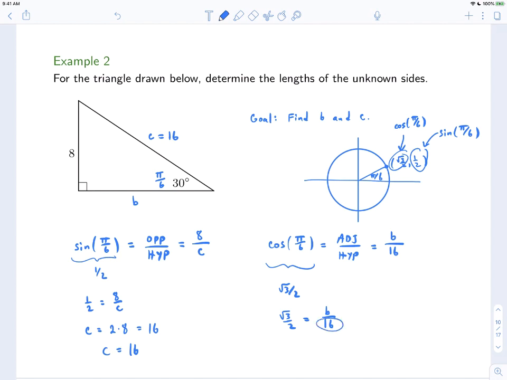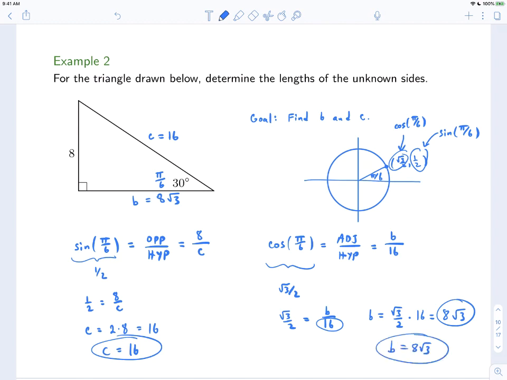So we solve for b by multiplying both sides by 16, and we'll have that b is equal to the square root of 3 over 2 times 16, which is 8 times the square root of 3. And that's our value b, 8 square roots of 3. So that means we know what c is, 16, and we know what b is. b is 8 square roots of 3, and that's what we wanted to find.